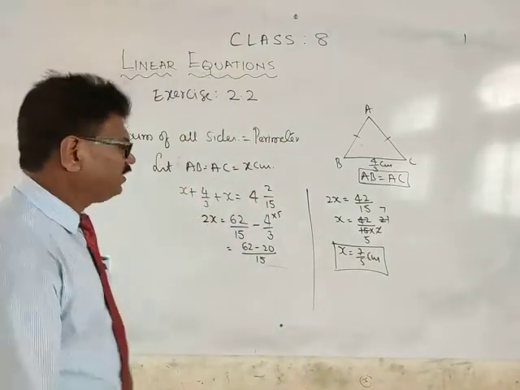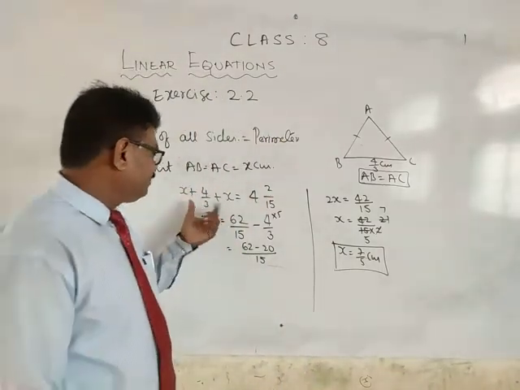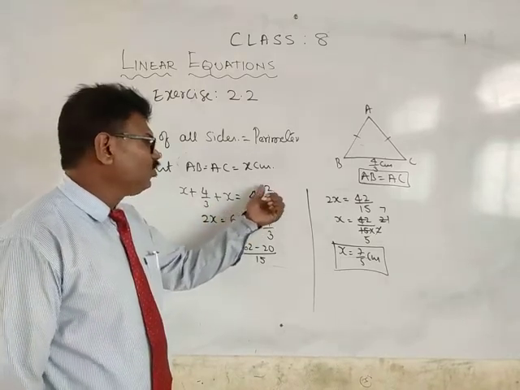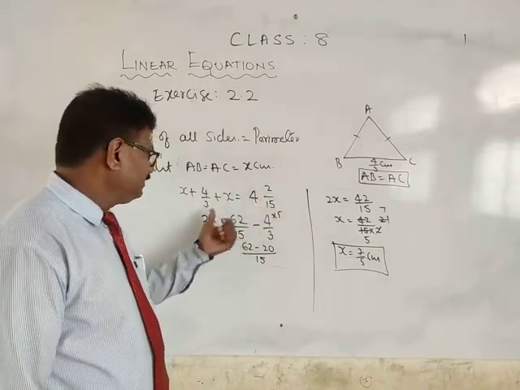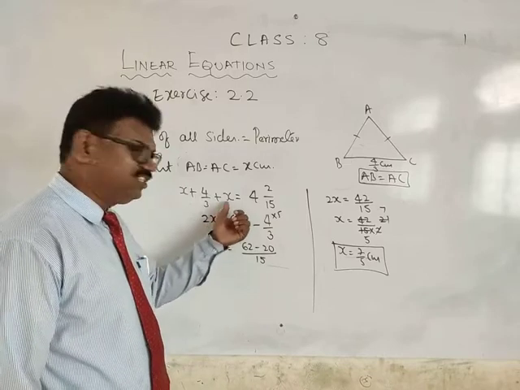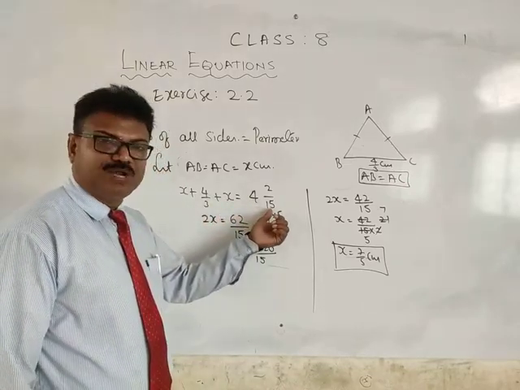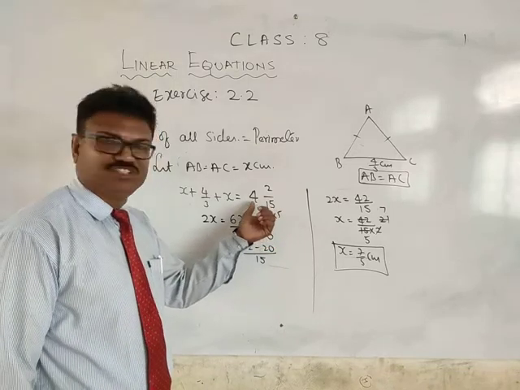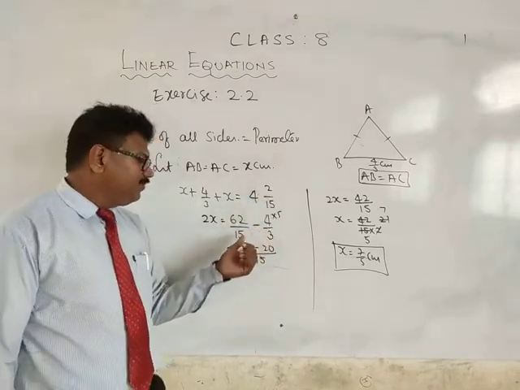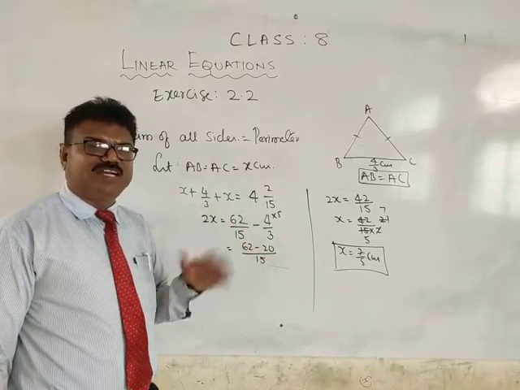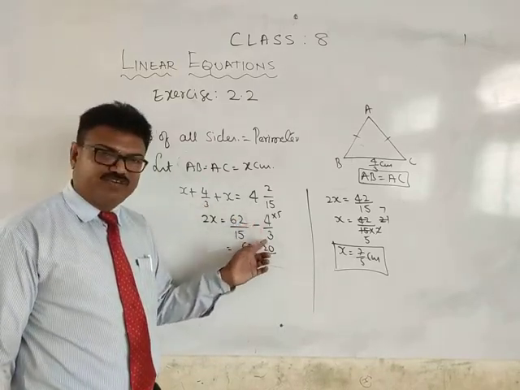Now, if you do like this, x plus 4 by 3 plus x equals 4 whole 2 by 15. Then x plus x is 2x. Converting to improper fraction, 15 4s are 60 plus 2, 62 by 15, plus 4 by 3. From the left side to the right side, it becomes minus 4 by 3.